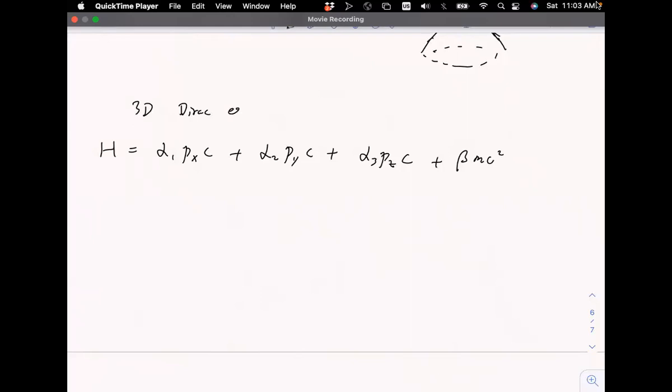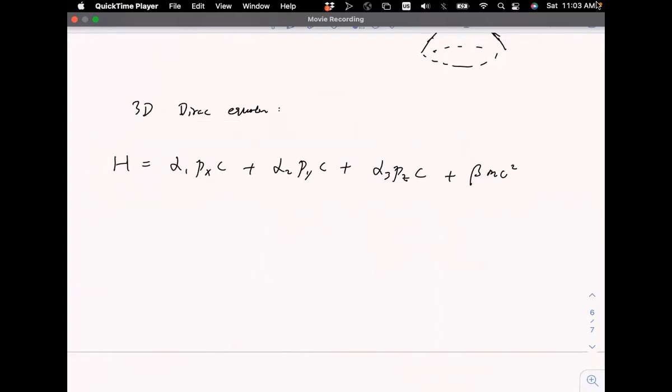If you go to 3D, you'll find that you've already used up all your Pauli matrices, because you already use sigma x, y, and z. What is left in the 2x2 matrices is just the identity, the one by one.